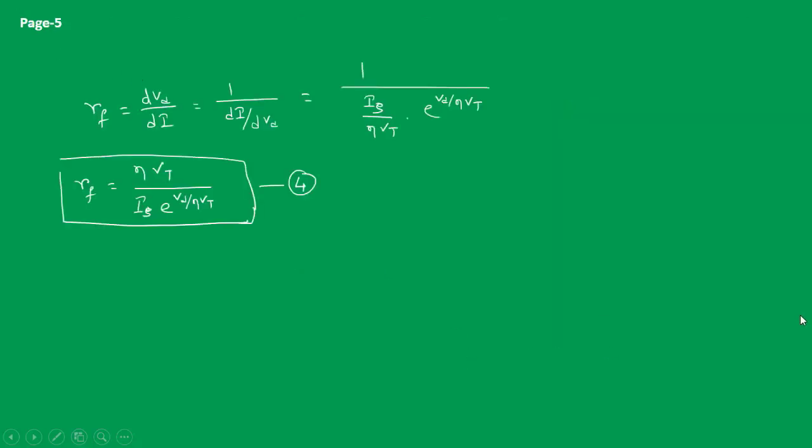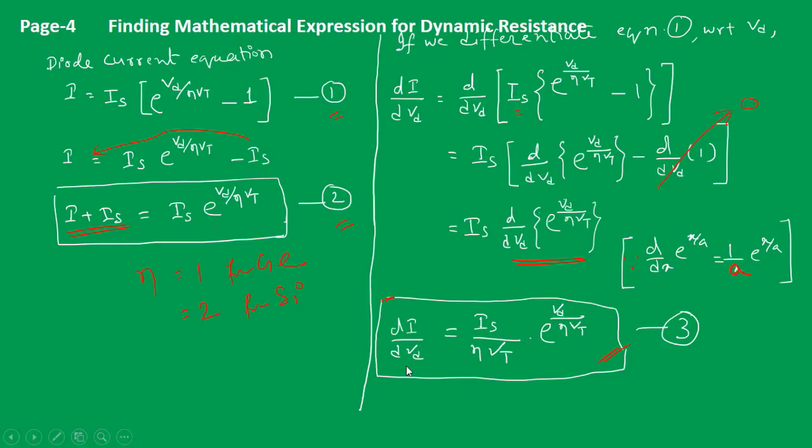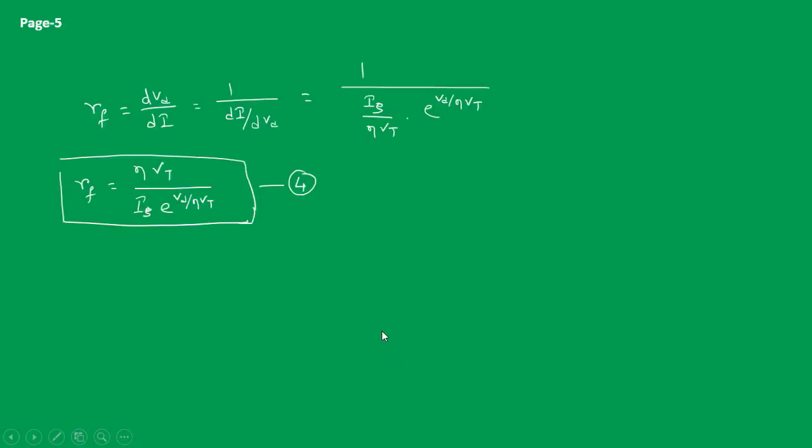Now dynamic resistance is given as dVd by di. In equation 3, we have found di by dVd. So practically Rf is the reciprocal of di by dVd. Whatever we have found in equation 3, we substitute that value over here.